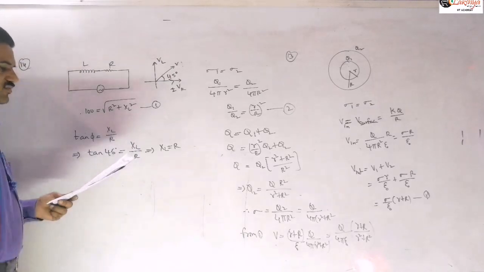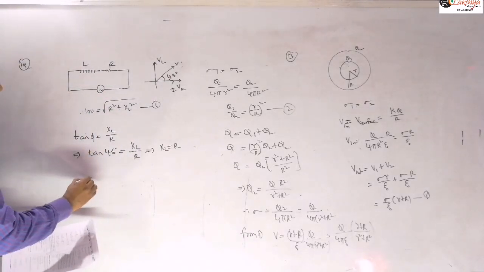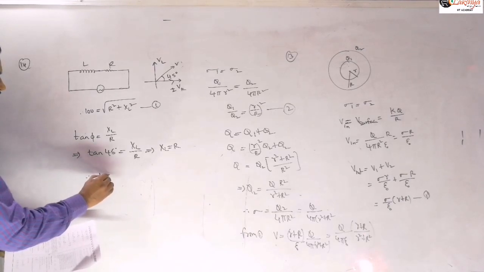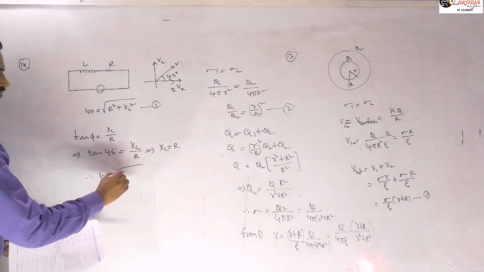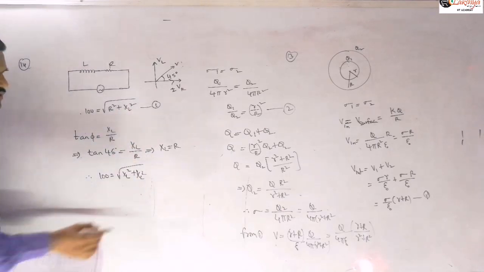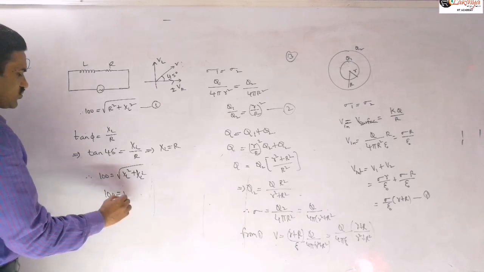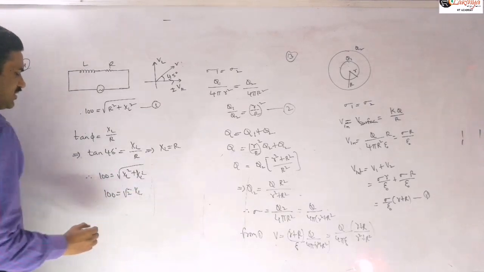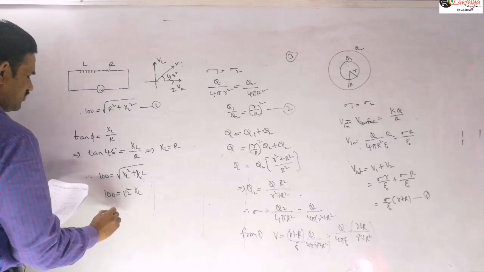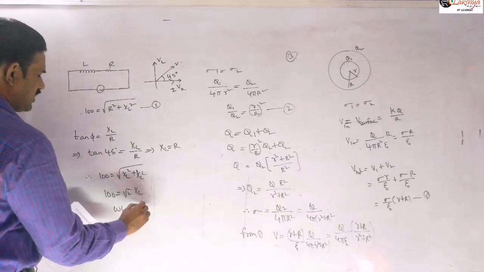And so now we can calculate this R value, you can replace there. Therefore 100 is equal to under root of XL square plus XL square, that means R also I am replacing by XL. And therefore this is 100 is root 2 into XL. And from this XL value, you know it is omega L. Therefore omega L is equal to 100 by root 2.